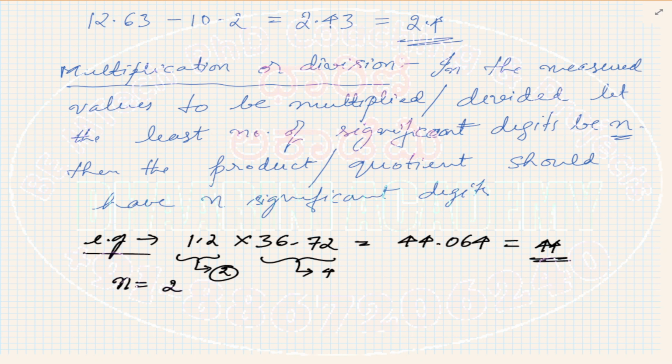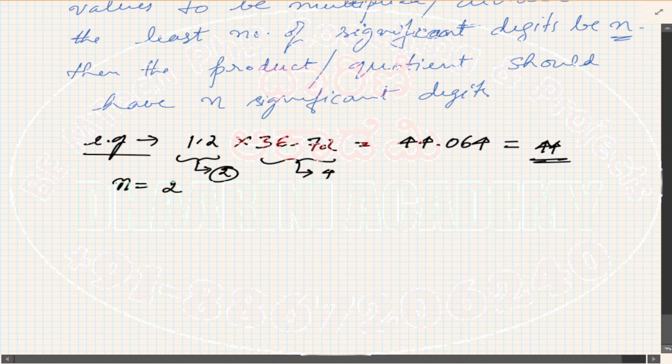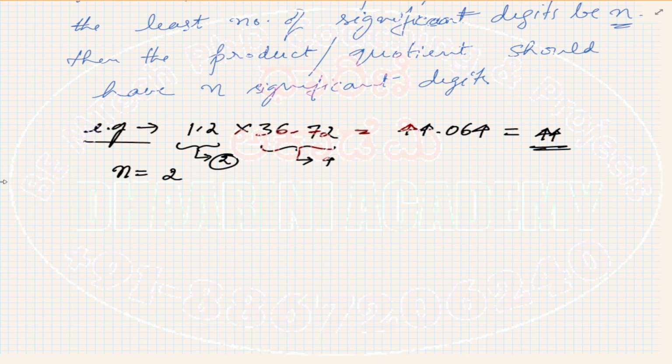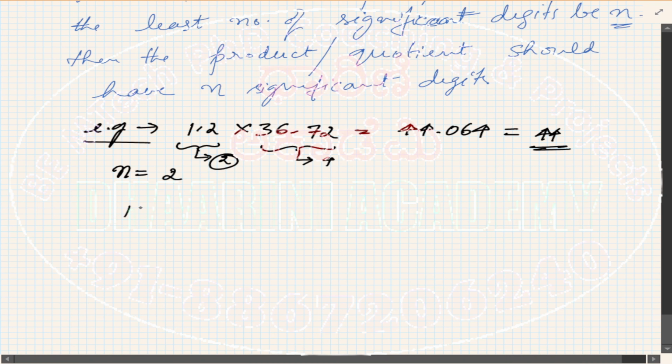Okay, very similar to this, let's do another example. This is 1101 divided by 10.2. Okay, so when you perform this operation, we are going to get 107.9411.